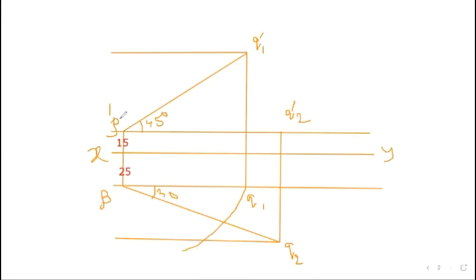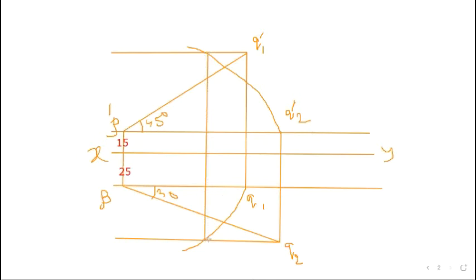Similarly, taking the center point P dash, radius P dash Q2 dash, we draw an arc. And you see these 2 points must be in the same vertical line.